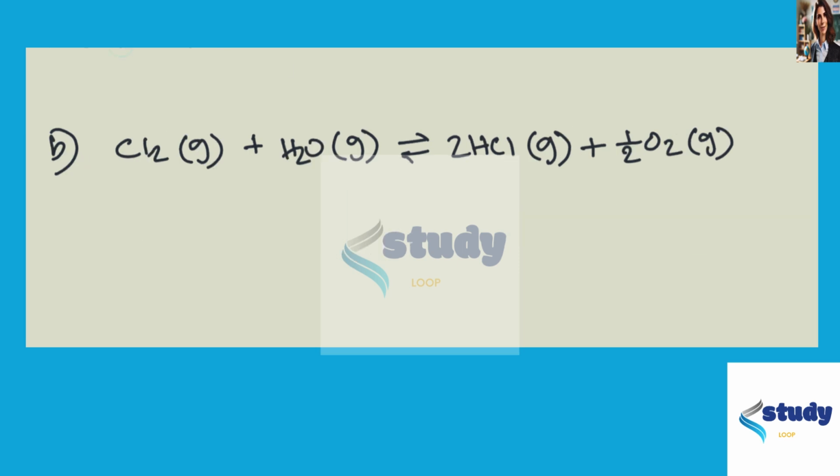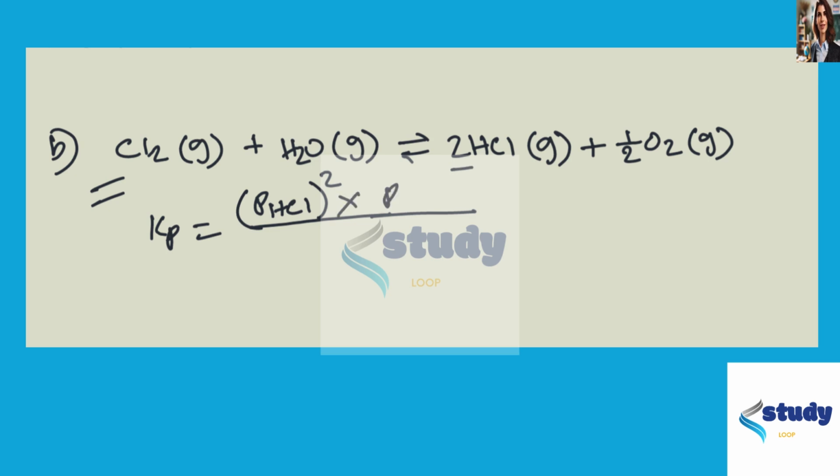Then in the second part of this problem, we have to find the Kp value for this reaction. If we write down the expression of Kp, we get the partial pressure of HCl raised to the power 2, since we have 2 HCl here, times the partial pressure of O2 raised to the power half, and in the denominator we have 1 chlorine, that means partial pressure of chlorine times partial pressure of H2O.